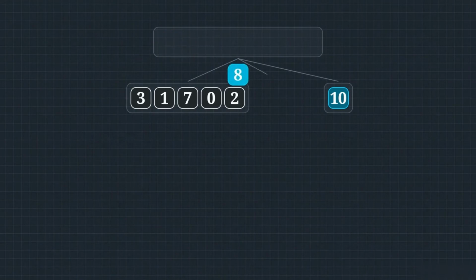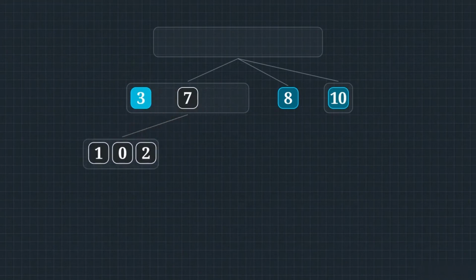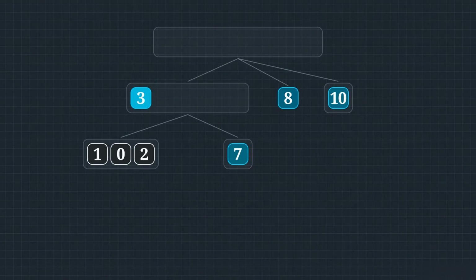With the 8 locked in place, the algorithm now applies the same partition logic recursively to the unsorted subarrays on either side. Zooming into the left branch, 3 becomes the new pivot. It partitions its remaining elements, moving 1, 0, and 2 to its left, and 7 to its right.